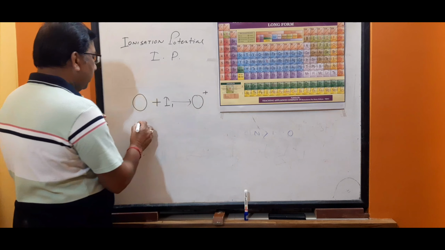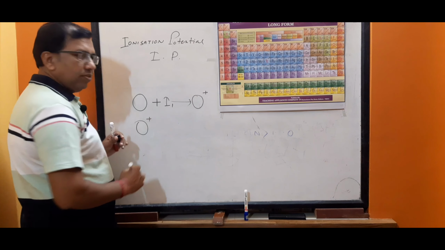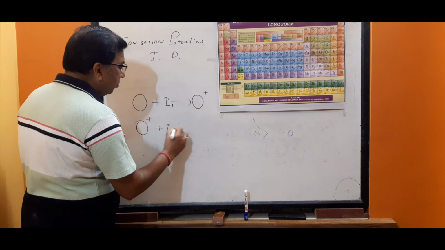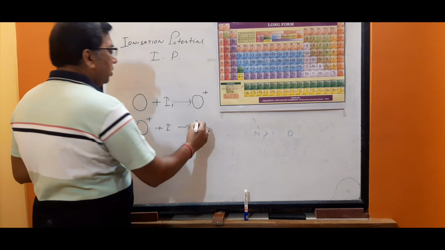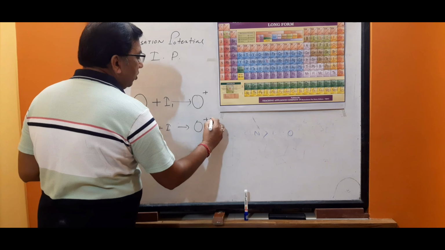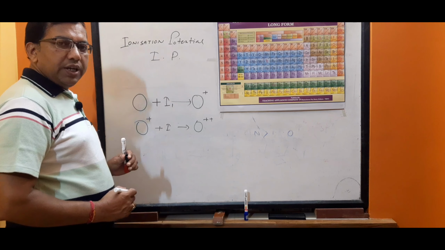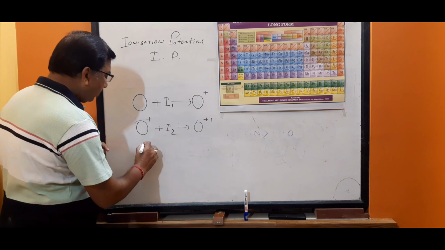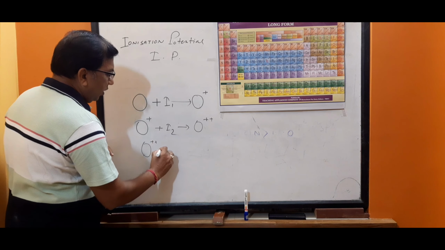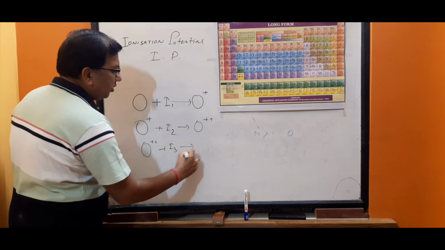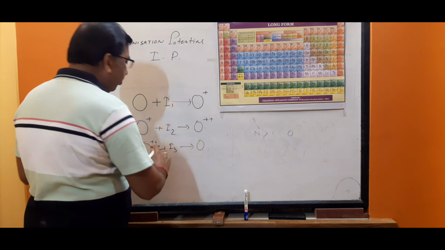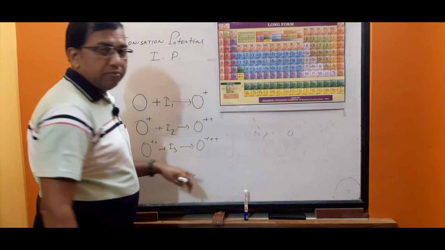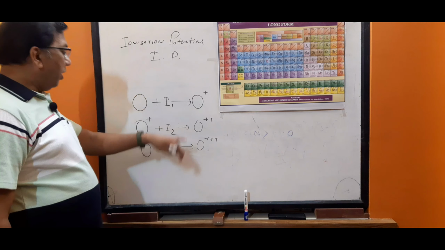If again from this positive ion I have to remove one more electron, it will be a double positive ion, and this is the I2 energy to be given. Again, giving I3 energy removes one more electron, and it will be a triple positive ion.